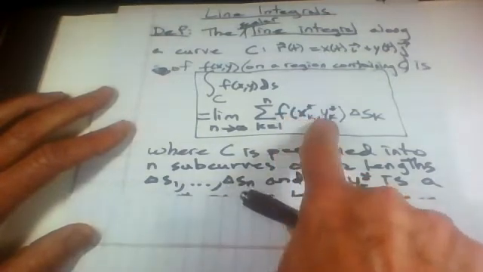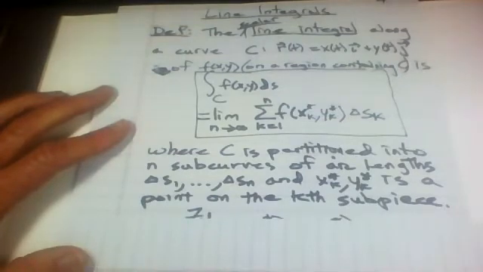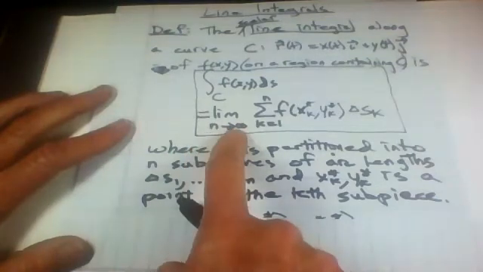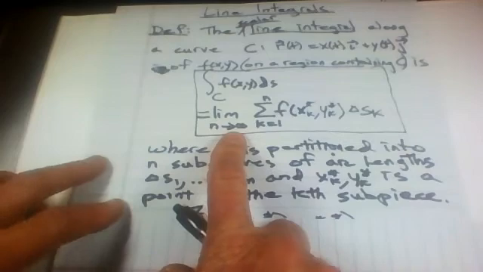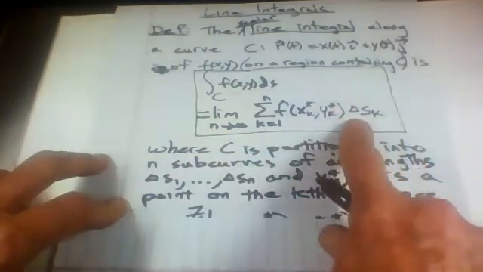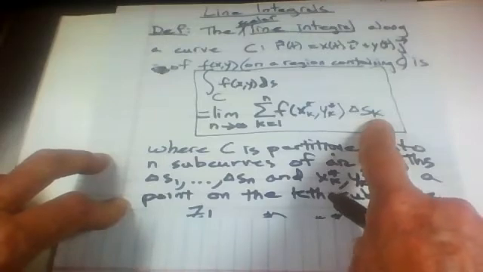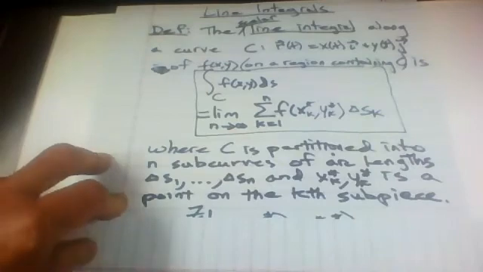Then xk star, yk star is any point along the kth piece. And then the limit as n goes to infinity implies, as before, you're letting the length of the longest subinterval, in this case the longest arc length of the subpiece, go to 0 as the number of intervals goes to infinity. So that's understood in there.